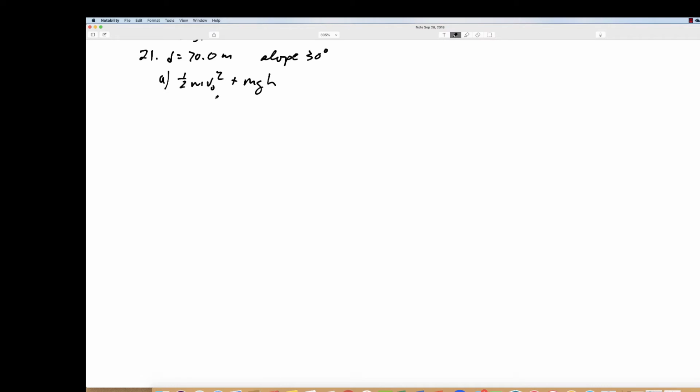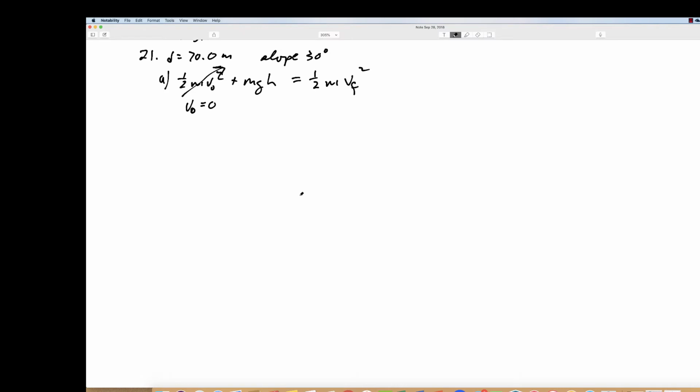In this case, we're going to calculate this based on v0 equals 0, so they don't take off running. So this is gone now, and all we have is mgh, and this quantity equals 1/2 mvf squared, their final velocity squared.